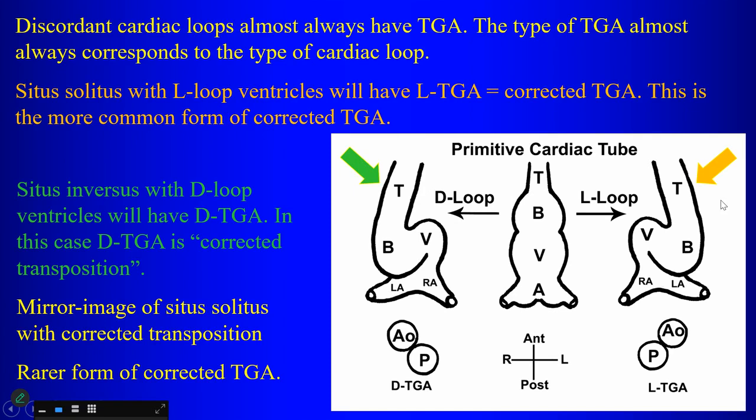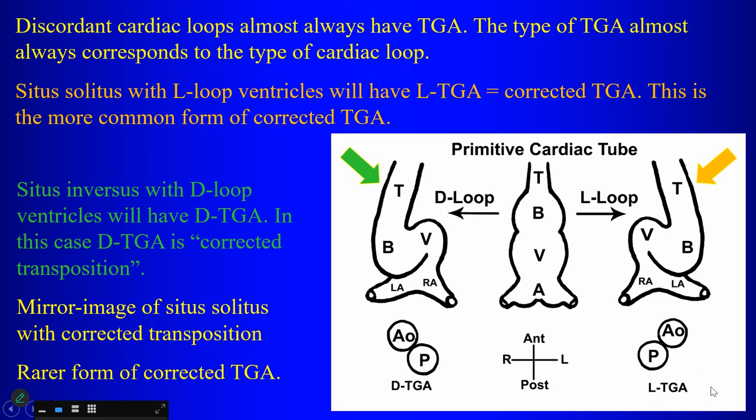But because it's a discordant cardiac loop, these patients, embryologically, they also develop transposition. And so the morphologic right ventricle then winds up connecting to the aorta, the morphologic left ventricle winds up connecting to the pulmonary artery. So this becomes congenitally corrected transposition.